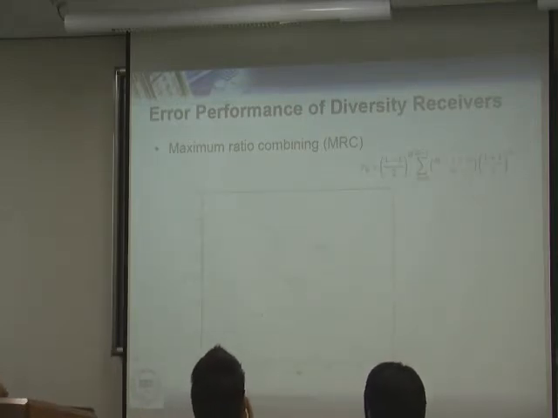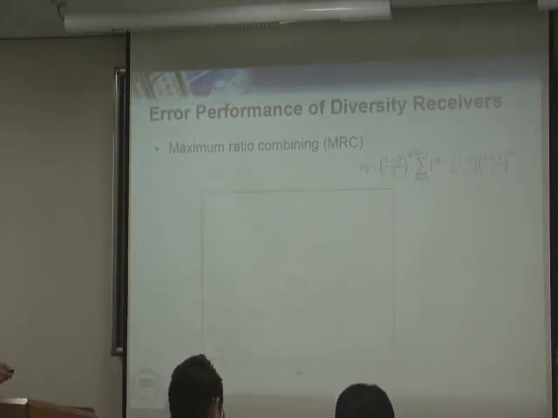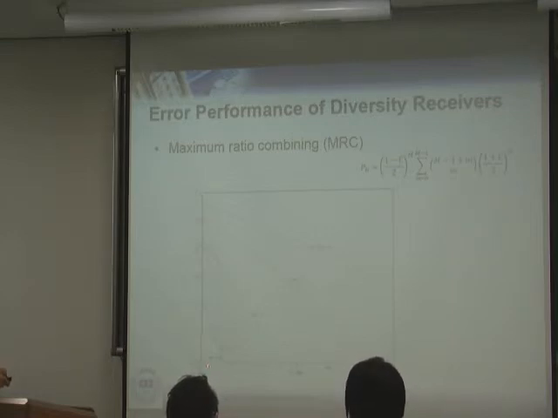And here is the graph. Here is the BER graph of what we just got. If you put M equal to 1, which means the single antenna case, you get this BER. If M equal to 2, two receive antennas, you get this one, and this one.